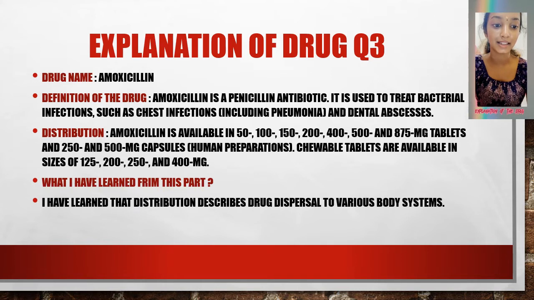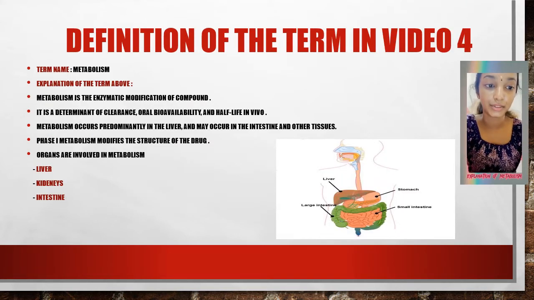Chewable tablets are in sizes of 125, 200, 250 and 400 mg. What I have learned from this part is that distribution describes drug dispersal to various body systems. So I'll continue with the definition of the term in video 4.